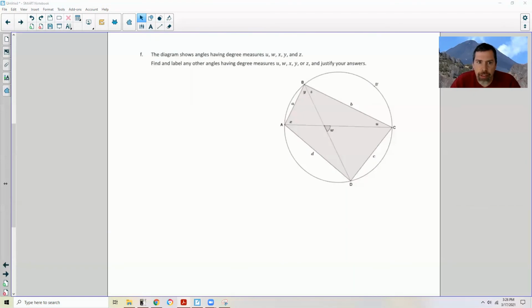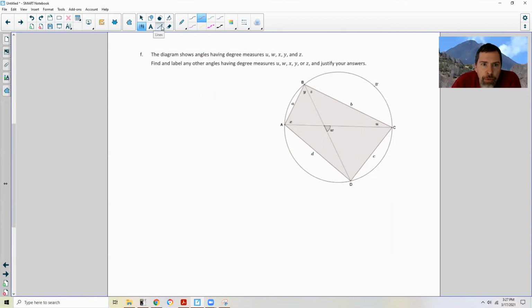Okay, part F says the diagram shows angles having degree measures U, W, X, Y, and Z. All right, so let's just point these out. This diagram here shows degree measures of U, X, Y, Z, and W is here at the intersection of their diagonals. Find and label any other angles having degree measure U, W, X, Y, or Z and justify your answer.